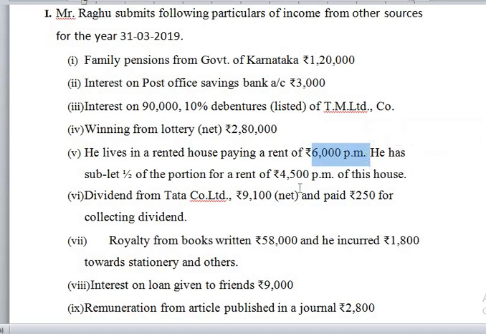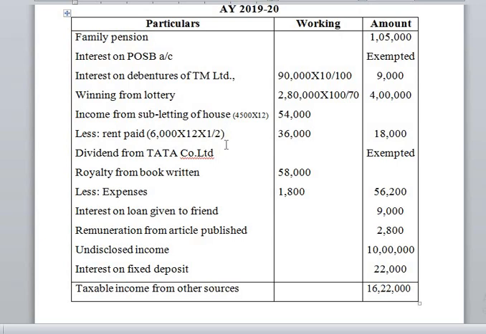That is an expenditure, a payment made by the assessee. Since he receives rent from the subtenant for the half portion of the house, the rent must be deductible only for the half portion. That means the assessee is paying rent only for half the portion, that is 6,000 into 12 into 1/2, 36,000. The balance is the taxable income from subletting of house.